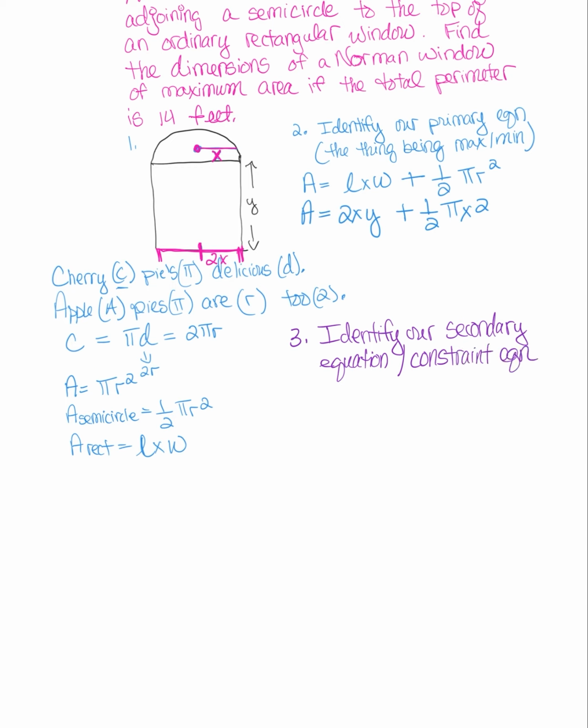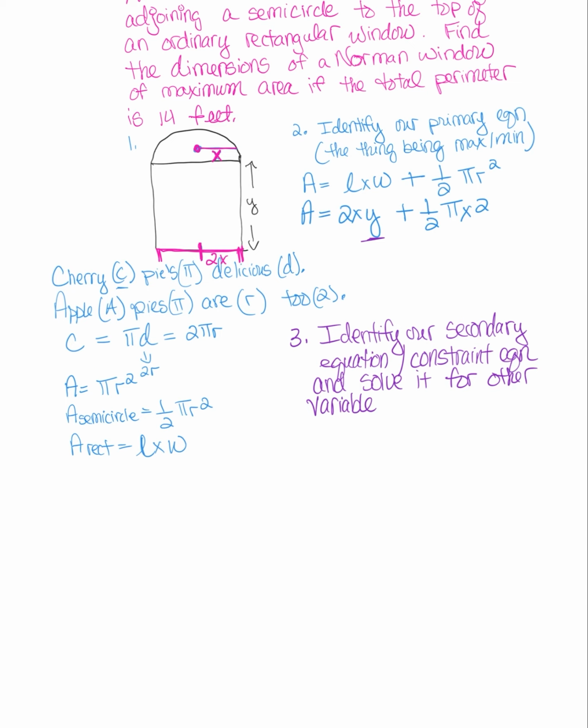Our constraint equation, and then solve it for our other variable, which you could do for any of the variables, but I'm going to do y because if you look here, we have x here, and I don't want to have to plug in extra stuff. So let's be more efficient, but you can do either one.